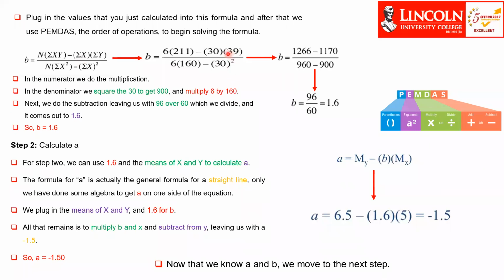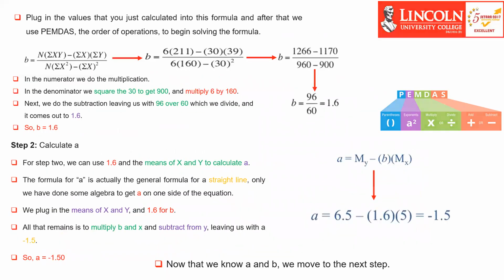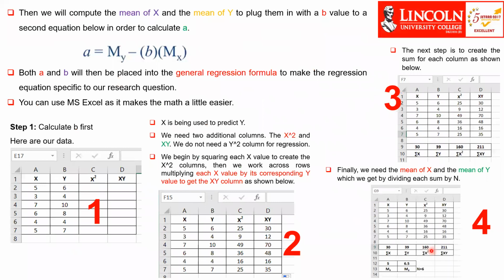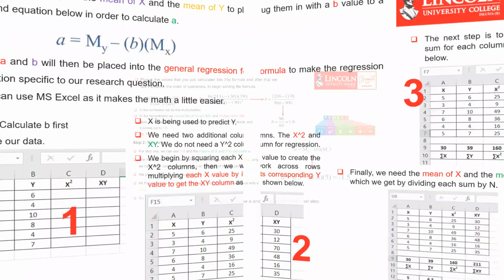Then summation of x squared and summation of x. Summation of x will be the same value you have here, so you just put 30 here. Then summation of x squared is 160. So we put that into this place.